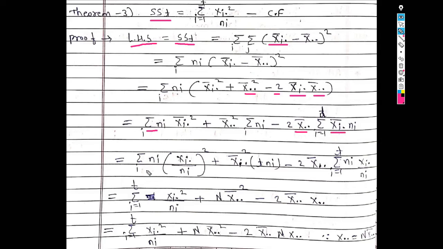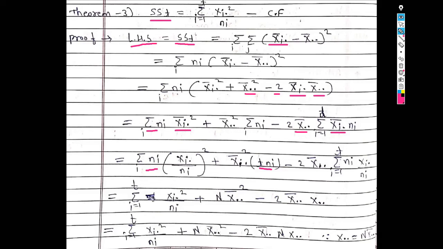Now in the next step we get summation of ni. Now the ith treatment mean can be written as ith treatment total upon ith treatment size, that is ni times xi dot upon ni, bracket square, plus x dot dot bar square. Now summation over i of ni can be written as total number of observations, minus 2 times x dot dot bar summation over i ni. Here also we write xi dot bar as the ith treatment total upon ni, xi dot upon ni.